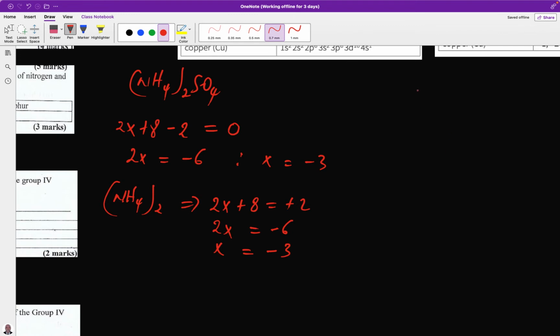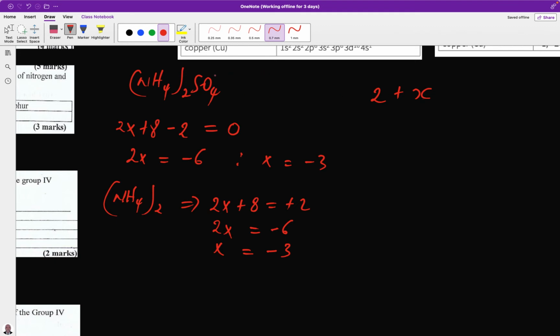Now again, let's calculate for sulfur, using the same method. Ammonium is +1, and +1 times 2 is +2. So we say it is 2. Sulfur is just 1, so plus x. Let's assume sulfur to be x.